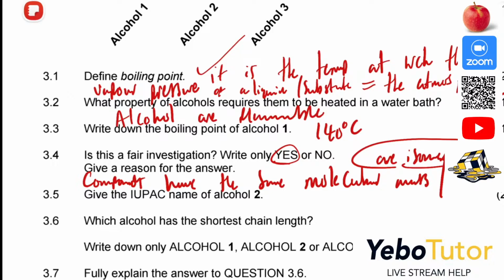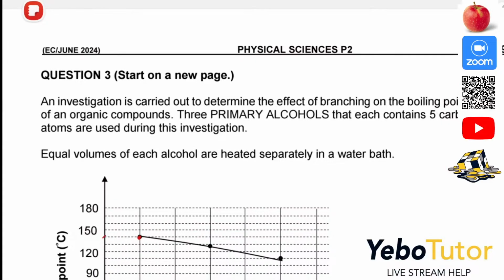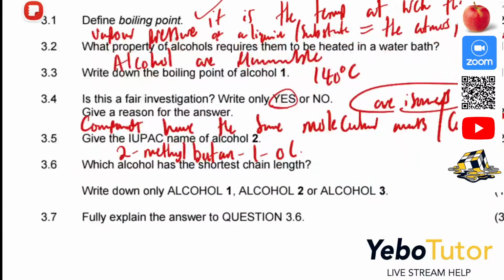So that can be our 2-methylbutan-1-ol. That's not bad. So that can be our IUPAC name for alcohol 2. We can see that butane, there are 5, but of course we have 2 there. So you can just name it as you can see it for our alcohol over there. As you can see, even here, they say that they are 3 primary alcohols. They are all primary alcohols. So it shouldn't be hard for you to just give that.